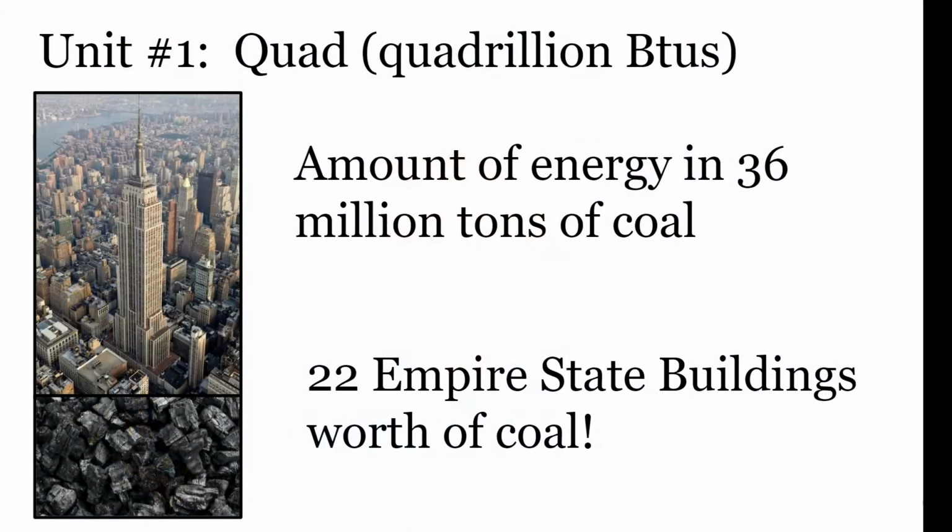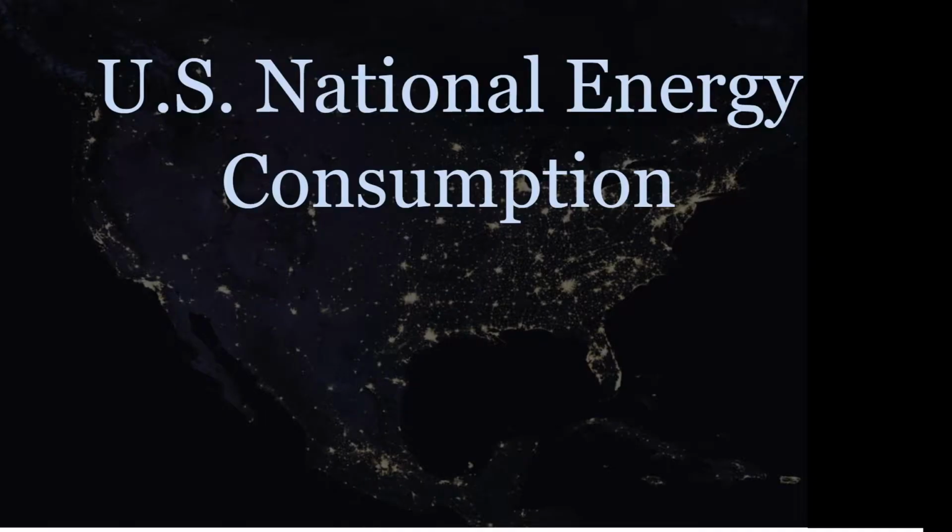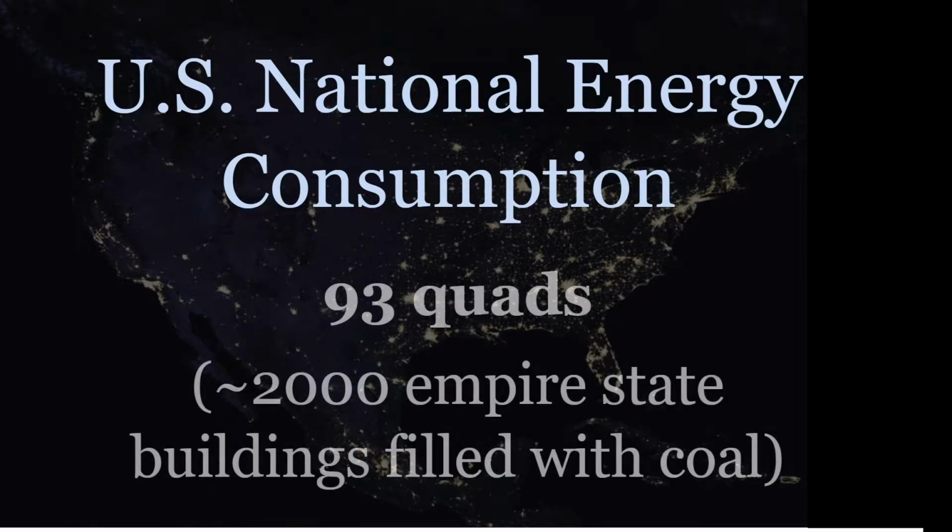A good way to visualize this is if you filled the entire Empire State Building with coal, 22 of those buildings would be one quad of energy. So 22 Empire State Buildings worth of coal is one quad of energy. When it comes to US national energy consumption, the United States consumes around 93 quads of energy.